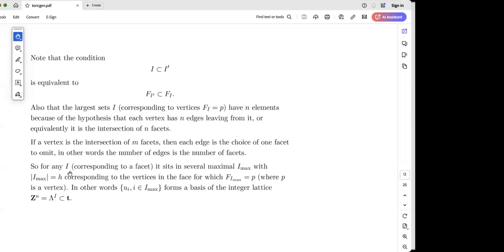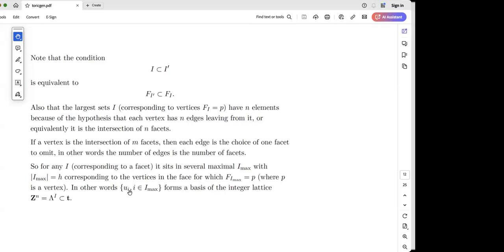So for any I corresponding to a facet, it sits in several maximal I sub max with the dimension of I sub max equal to n. This corresponds to the vertices in the face for which the face is equal to a point.